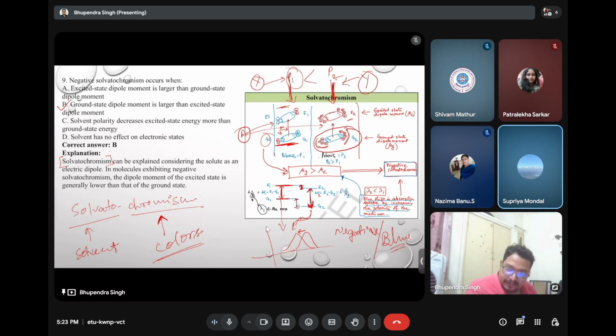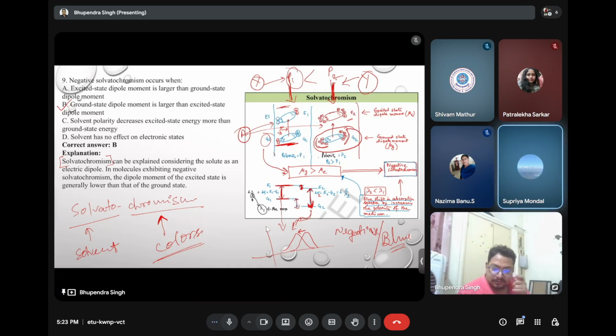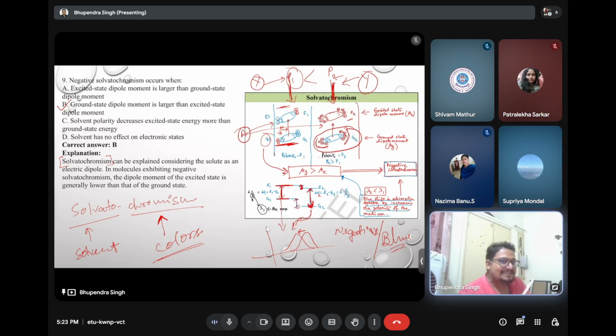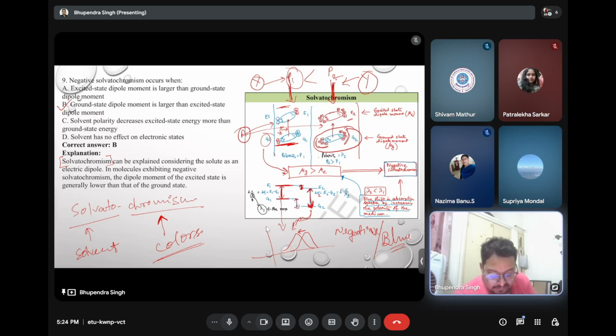I think you got the concept, but you are missing one point. To get positive solvatochromism or red shift, the dipole moment of the excited state should be higher. Then what will happen? See this. This is Z1. This is E1.